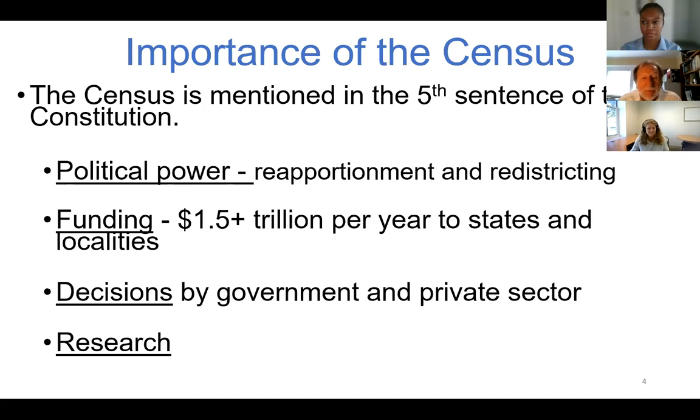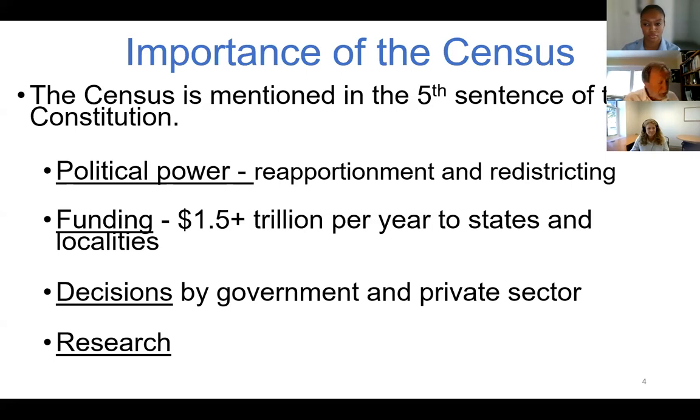So that's reapportionment. Redistricting, which sounds very similar but isn't, is the process of using census data to draw up congressional, and not only congressional districts but state legislative and city council districts and so on, that are relatively equal in population size to meet the 1 person, 1 vote criteria.